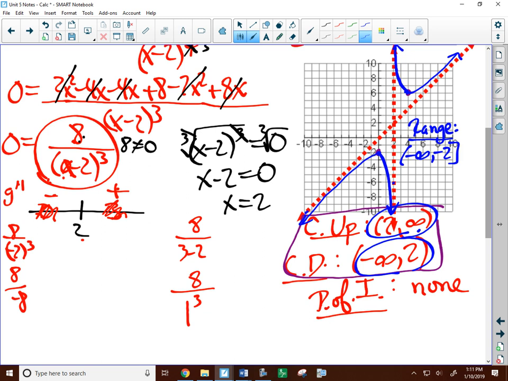I include -2 with a bracket because we have that y value. There are no y values between -2 and 6, but at 6, it does start over. We include 6, and then we go up to infinity. And that's everything. What questions can I answer on that?